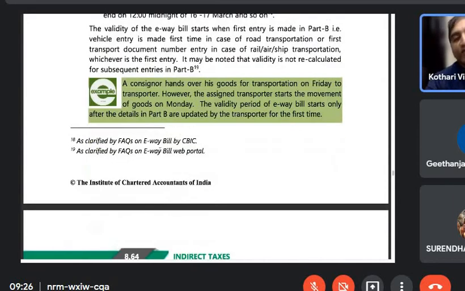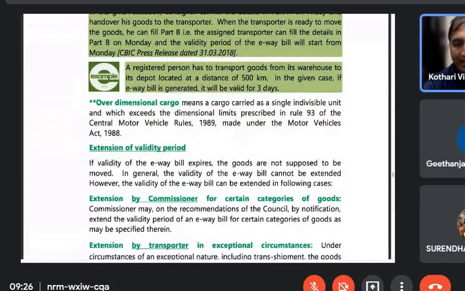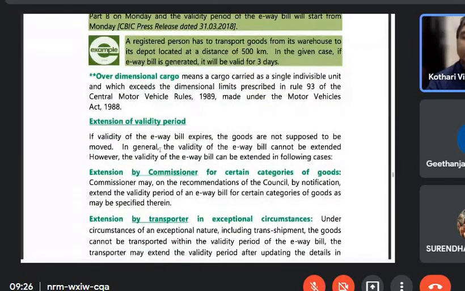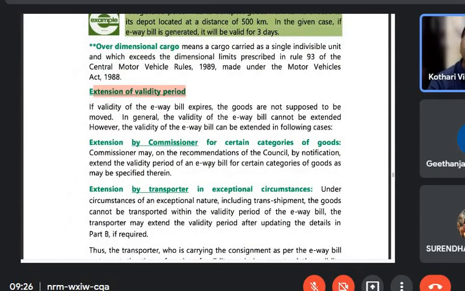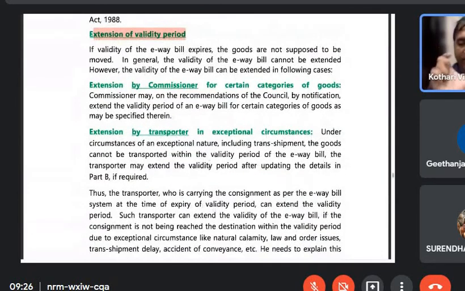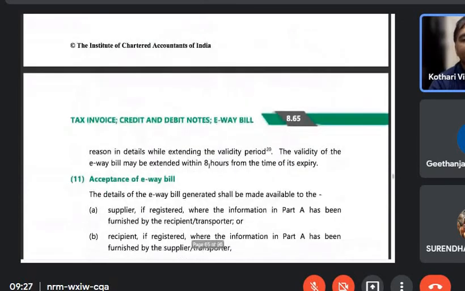Same way, once an e-way bill is generated, you cannot amend it. But certain validity extension can be done with the prior approval of the commissioner. You can cancel provided it is within the time limit of the validity. Once it is verified in between, then you cannot cancel it.